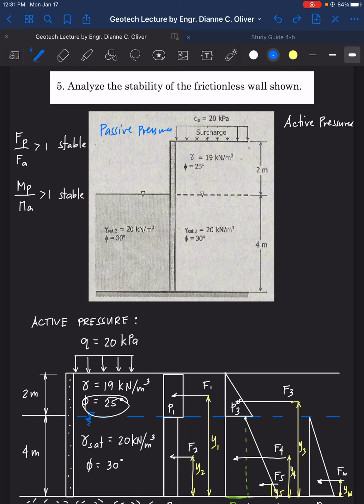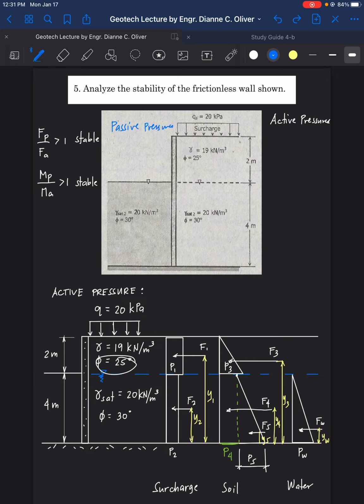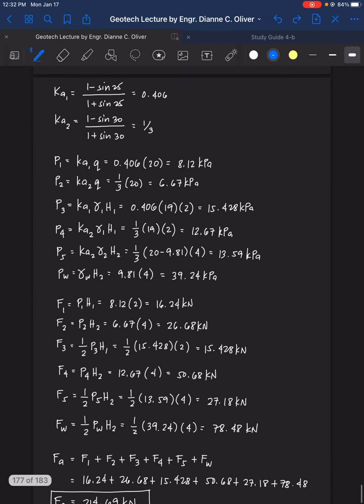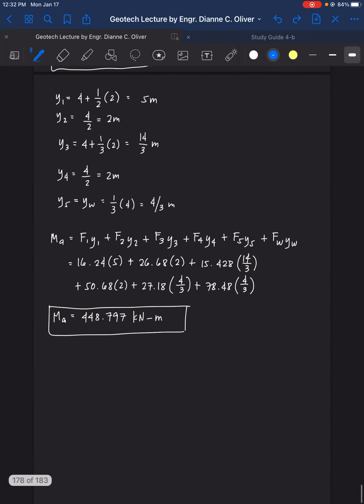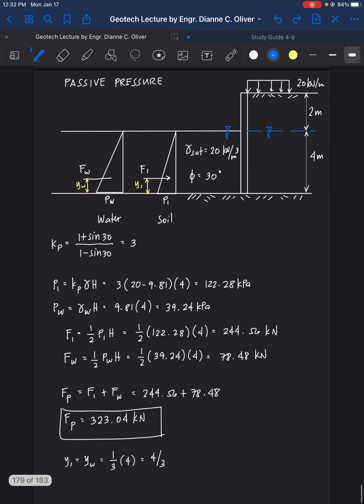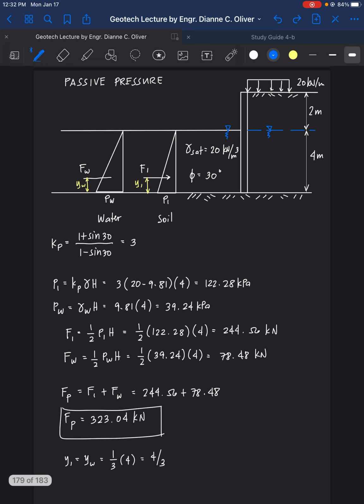So that's all for the example number 5. Here's the passive pressure.